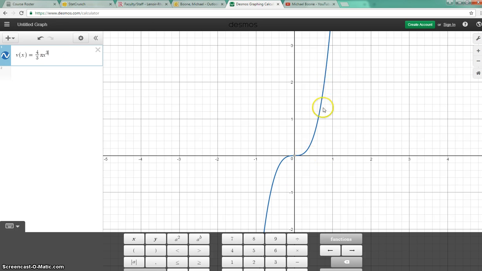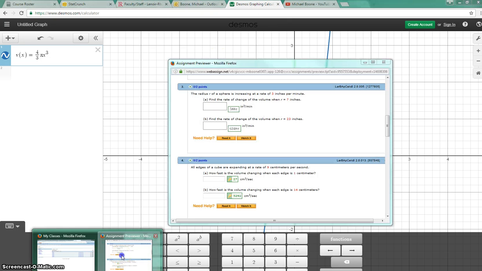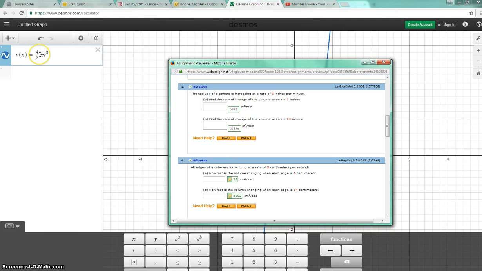And so we see rates of change, right? As my radius, my x, changes, my y changes. And so we can look at these relationships to see how, as one thing is changing, the other thing is changing. Doing these problems is basically manipulating some formula that we have that relates these two variables.